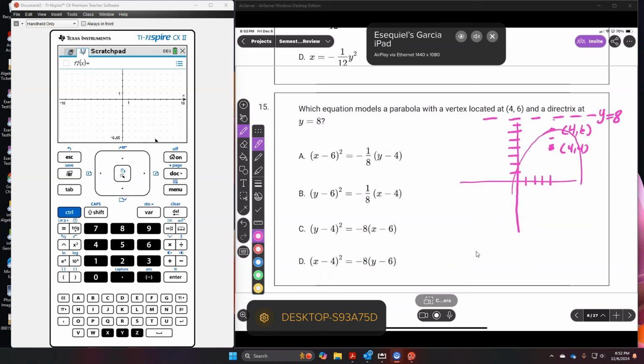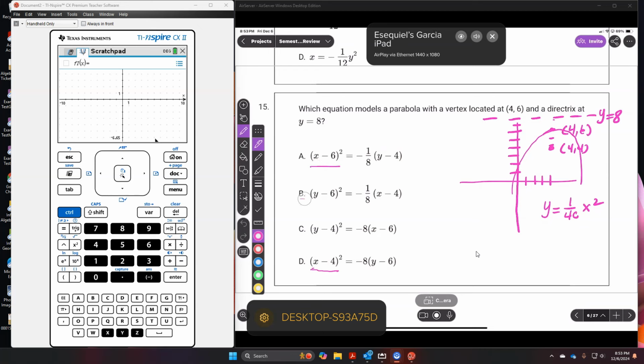Remember that the equation should be y equals 1 over 4c times x squared. So we're looking for the equation that has x squared. So it's either going to be D, because you have x minus 4 squared, or it's going to be x minus 6 squared.